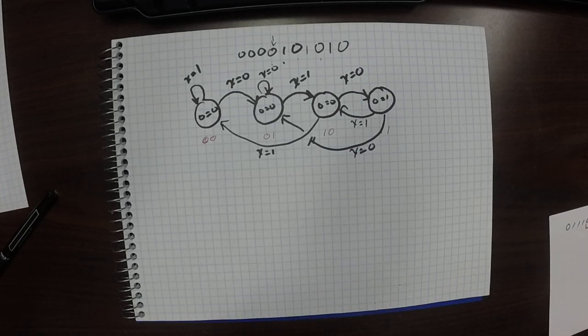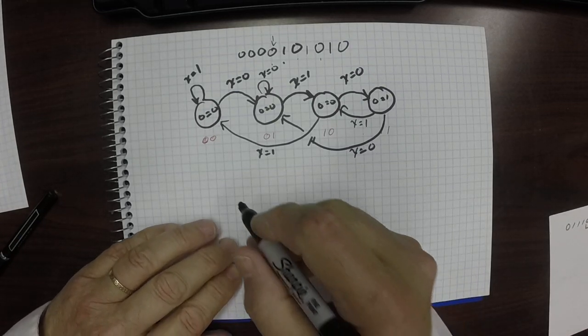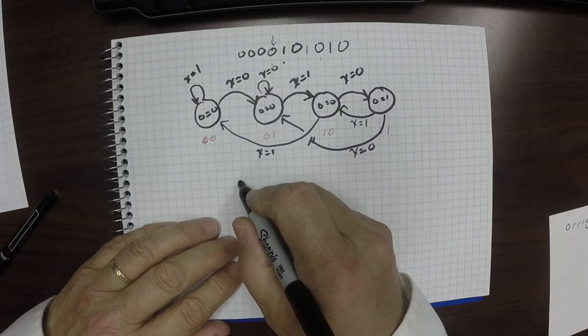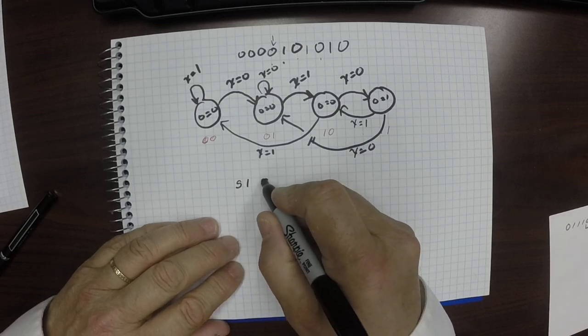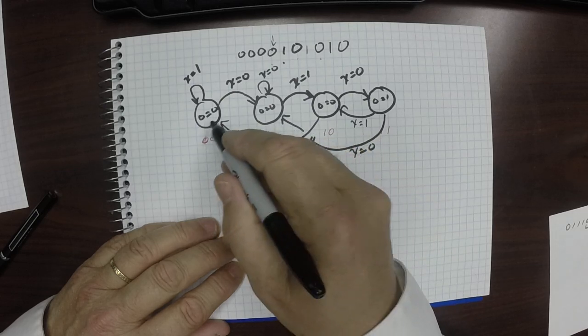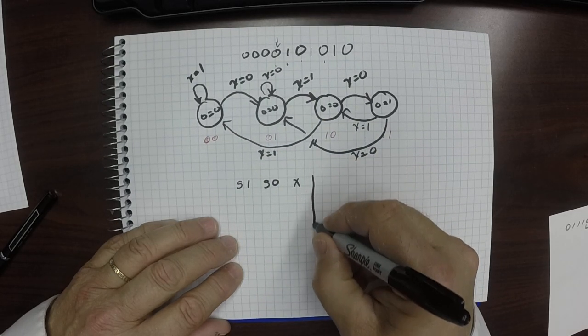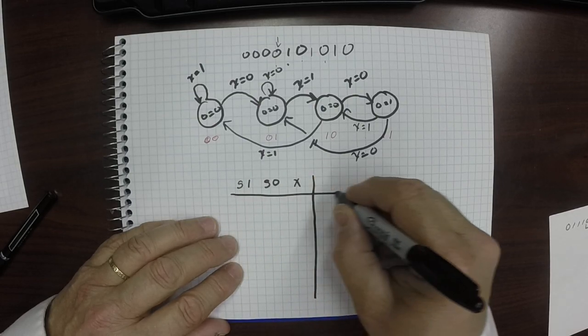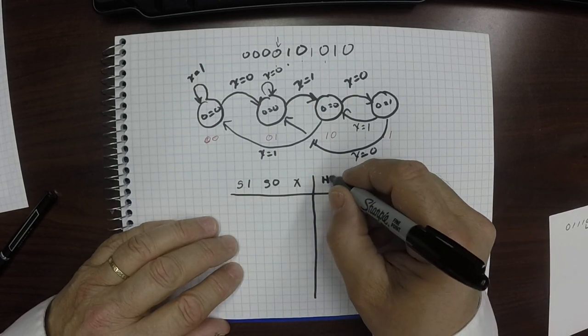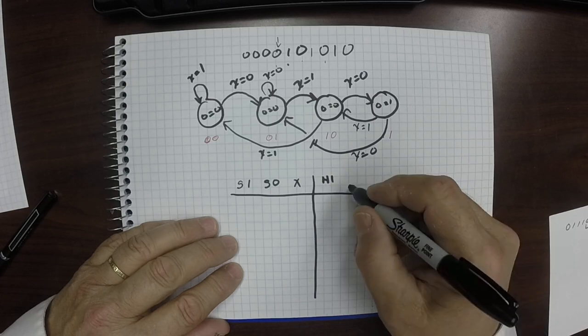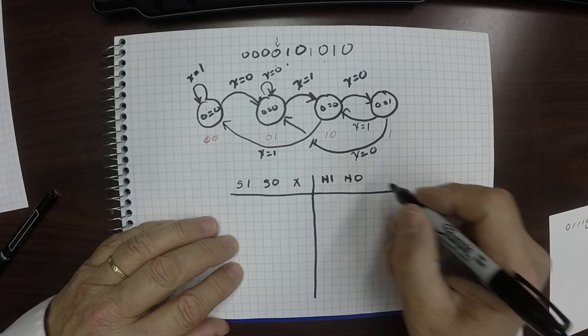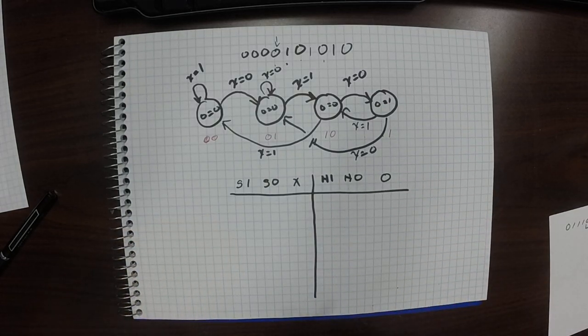Well, now let's look at the truth table for that. So let's say that we've got S1 right here and S0. That's our current state. That's where we're in right now. And X is input. And the output for that is the next state, the next one we're going to go to. That's two numbers, and the output. Okay.